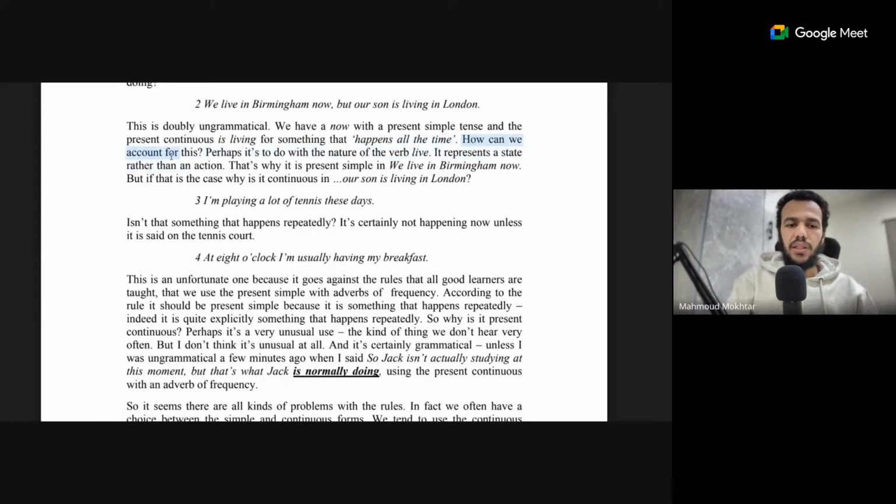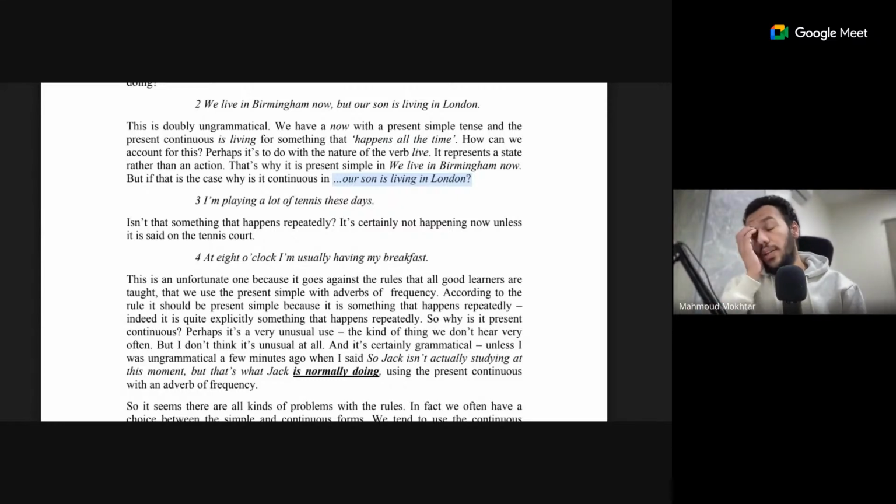How can we account for this? Perhaps it is to do with the nature of the verb live. It represents a state rather than an action. That's why it is present simple, and we live in Birmingham now. But if that's the case, why is it continuous in our son is living in London?